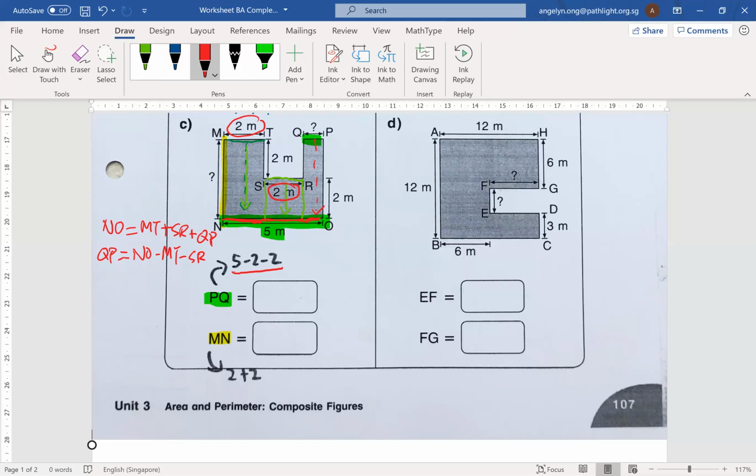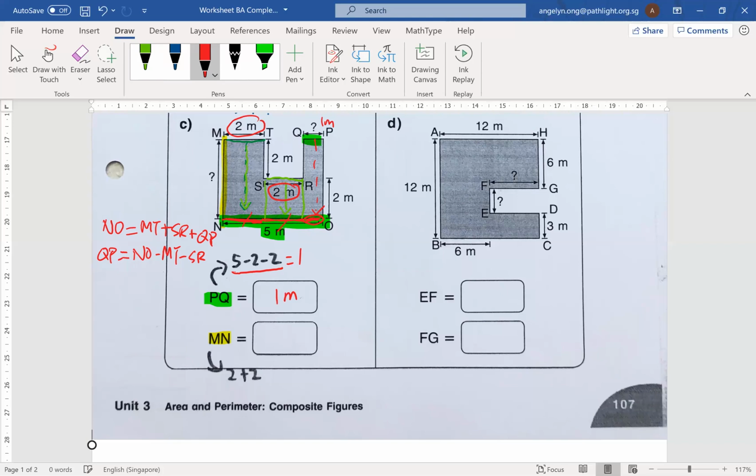Because NO is 5, and I'm going to take away this part, 2 meters, this part, 2 meters, and I'll get the last part here. So 5 minus 2 is 3, 3 minus 2 is 1. So PQ is actually 1 meter.